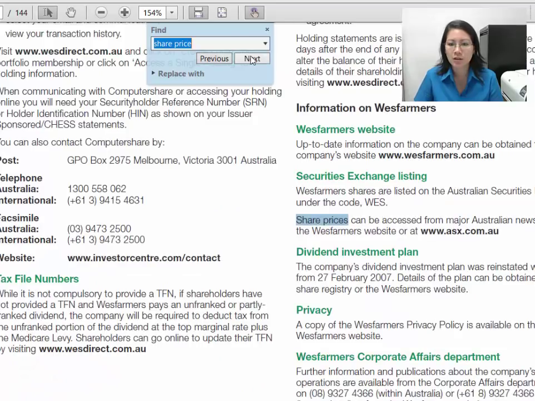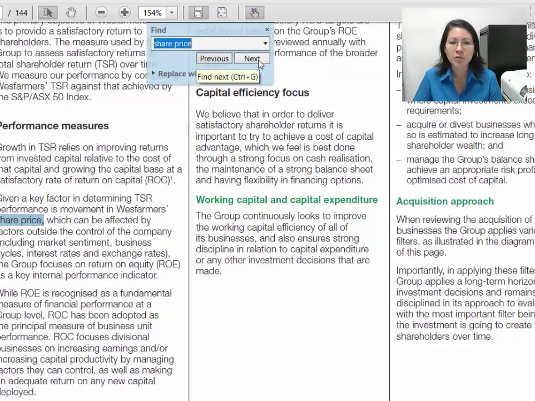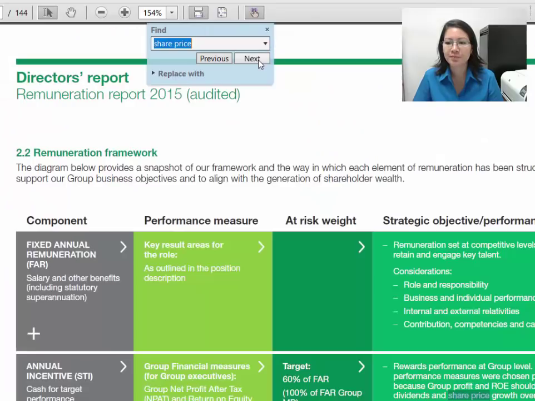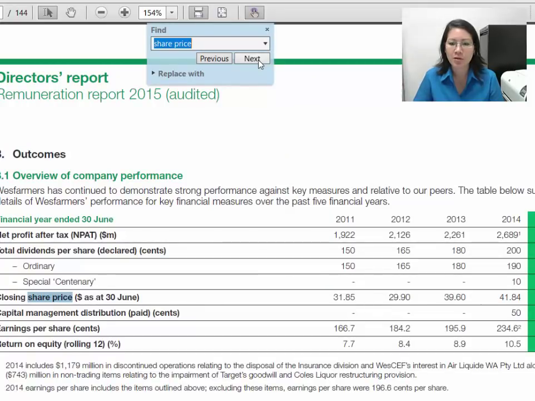Manage your shareholding. Share prices can be accessed. Oh yeah, so again, if they don't tell us this, we'll have to go to the stock exchange. They've actually given us a link to the ASX where they're listed as a public company. Just keep searching. In previous years they have given me their share price. Here we go. I knew they had.